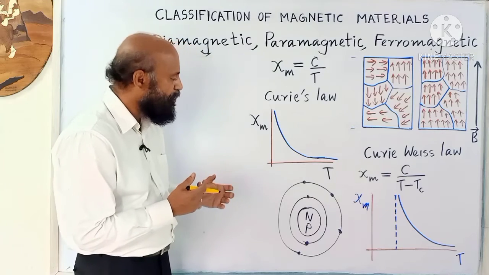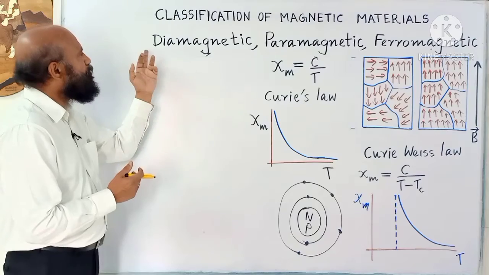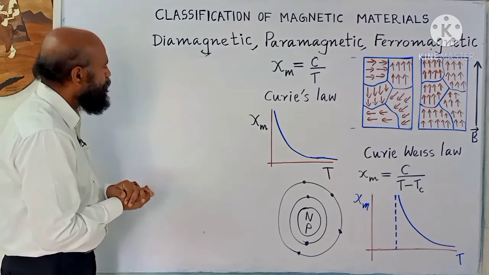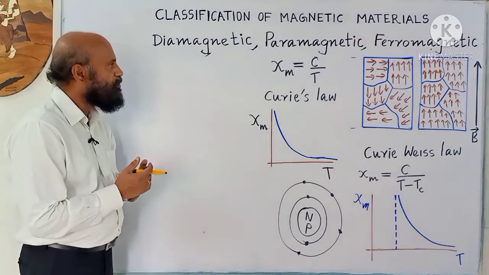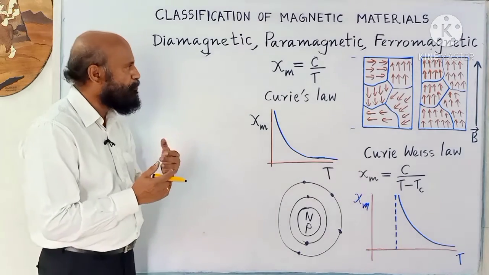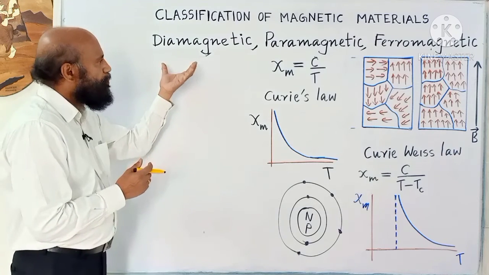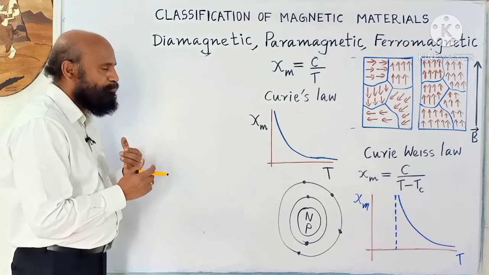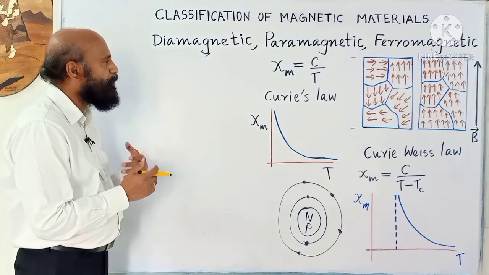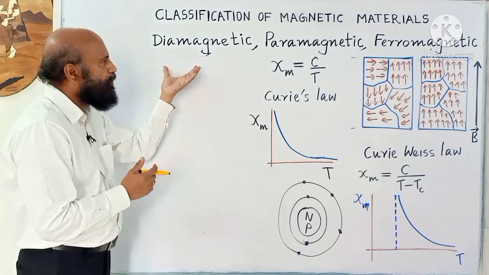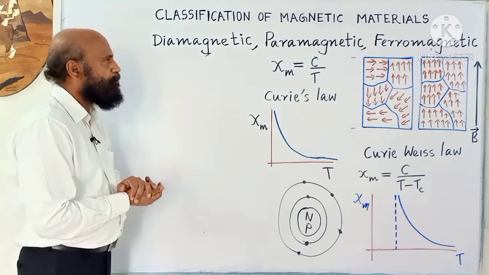But when it is kept in an external magnetic field, some of the electrons are speeded up and some are slowed down. The electrons whose magnetic moments are anti-parallel to the external field will be speeded up. So it will acquire a magnetic moment opposite to the external field in the case of diamagnetic materials.